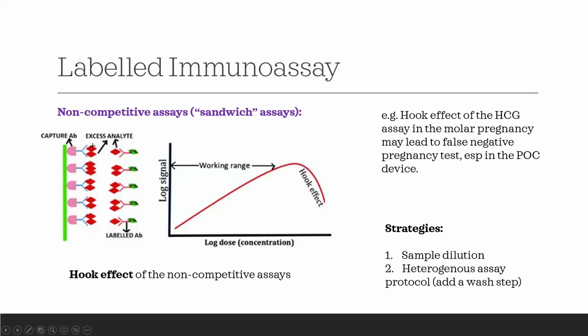When adding the analyte to the capture antibody, we incubate it and wash it, and then add the second antibody, so the excessive analyte will be washed out, and this makes it a heterogeneous assay.